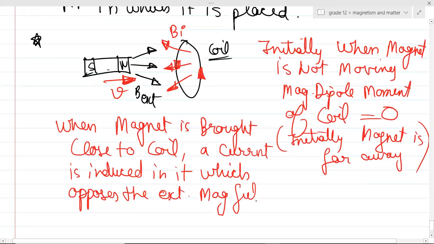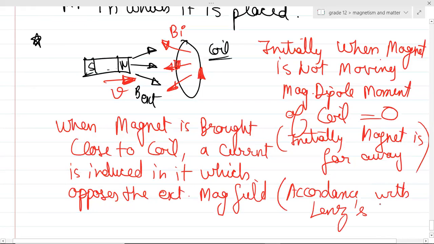Yes or no? According to Lenz's law, in accordance with the principle of electromagnetic induction.